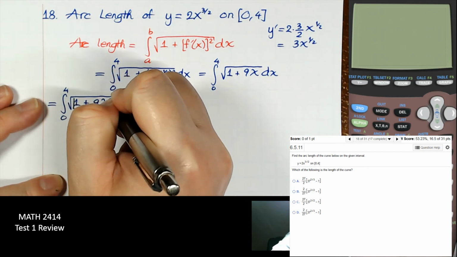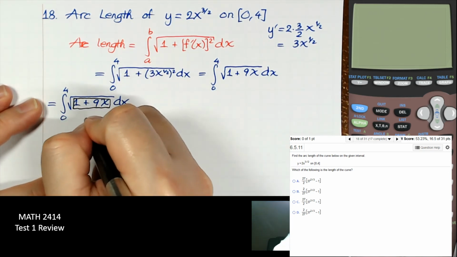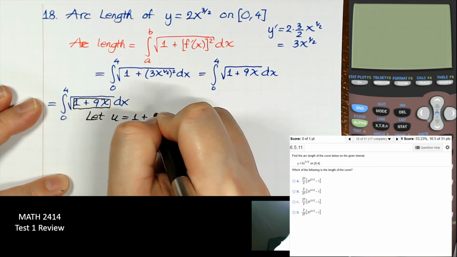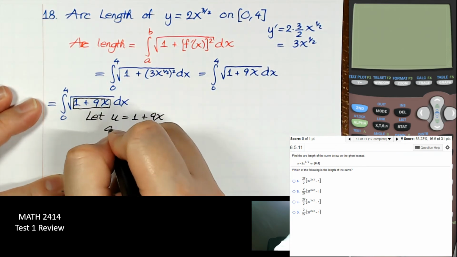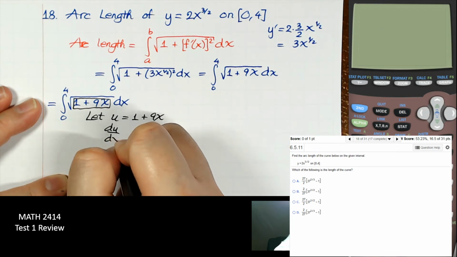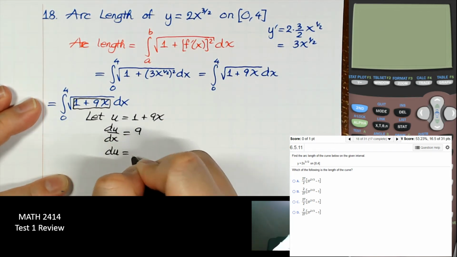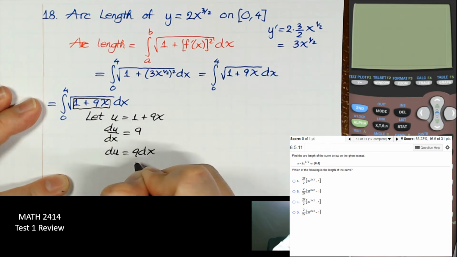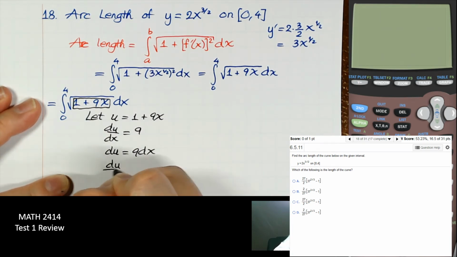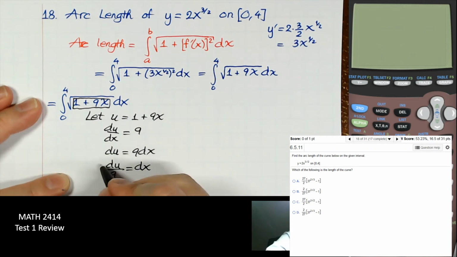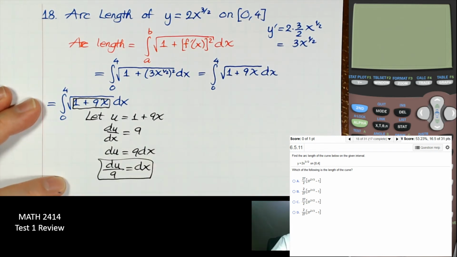So first, let's use substitution. Take the derivative, move the dx, and divide by 9. Pretty standard substitution.